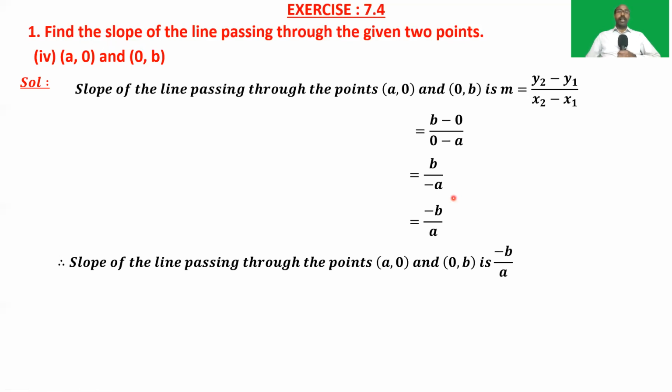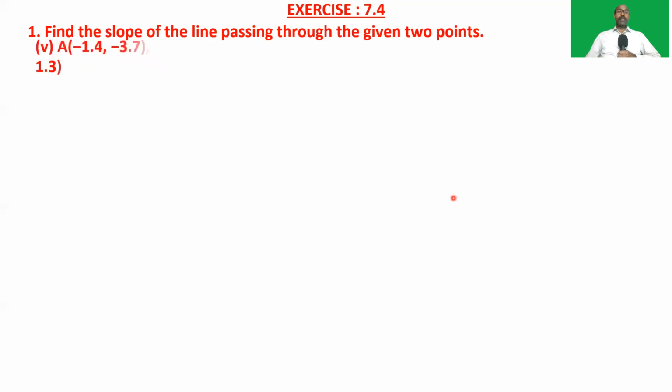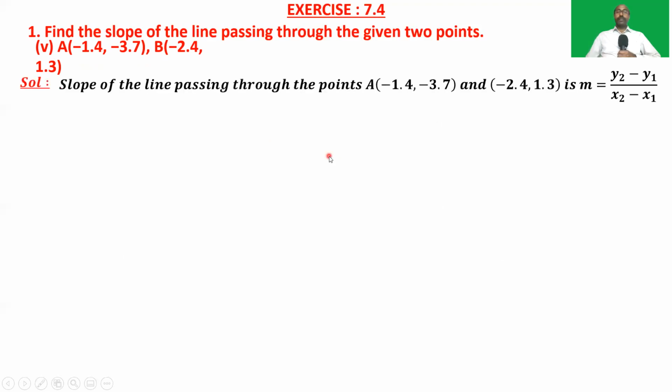And the next problem is a minus 1.4 comma minus 3.7, b minus 2.4 comma 1.3. So y2 minus y1, 1.3 minus of minus 3.7, by x2 minus x1, minus 2.4 minus of minus 1.4.